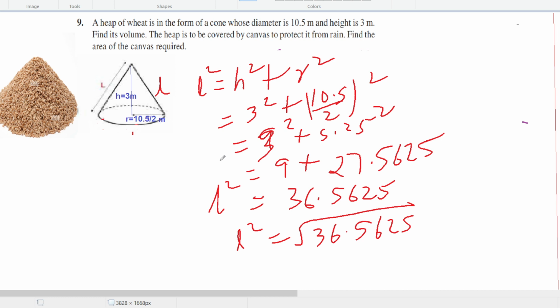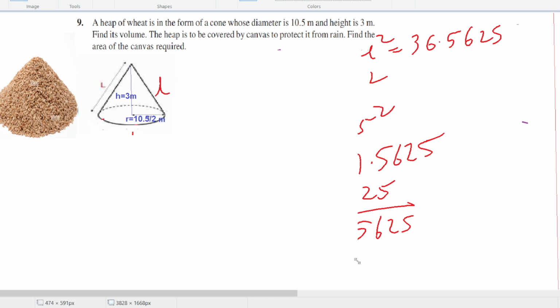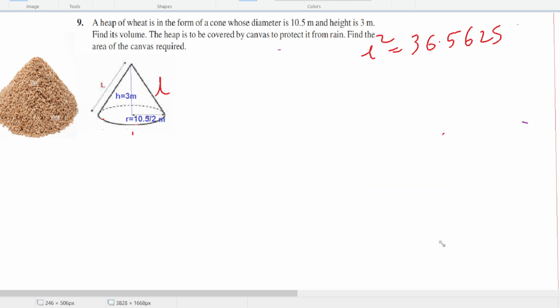This is the difficult thing in this question. Now we have to find the square root, so I am writing L square here. Be careful and listen very carefully how to find the square root of a decimal number. Here we put 36.5625 inside.